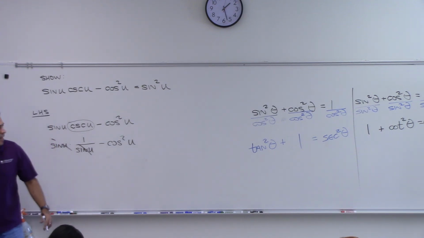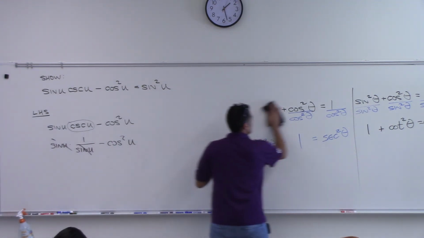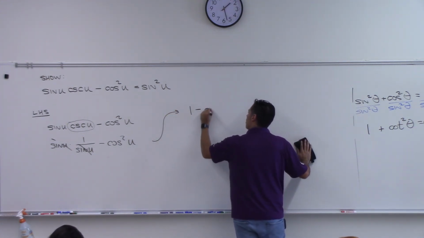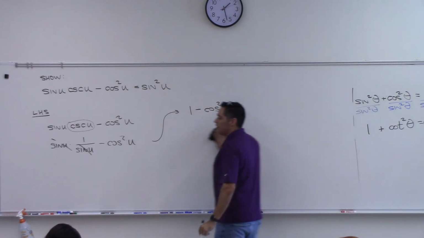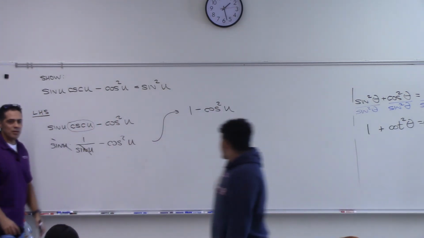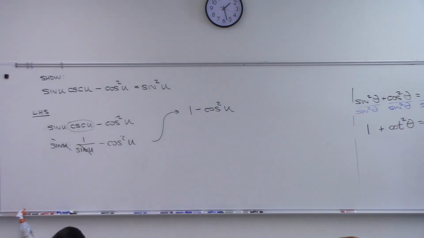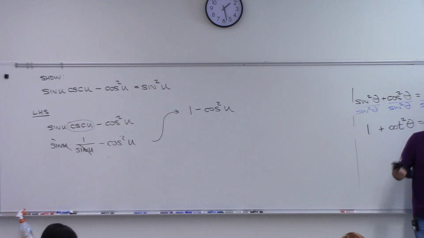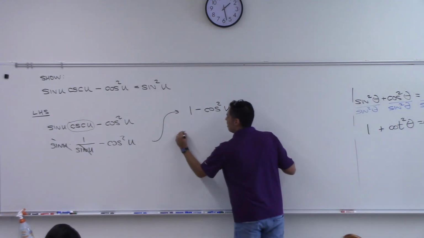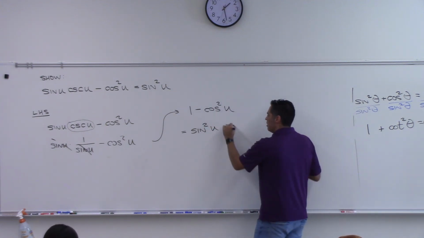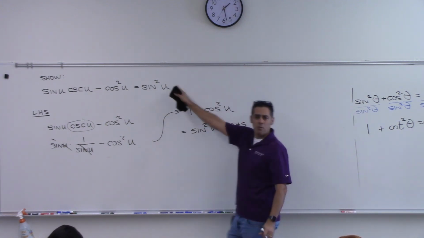So now I have 1 minus cosine squared u. And that is what? Sine squared u by the Pythagorean identity, right? Just take this, solve for sine squared. So subtract cosine squared on both sides, and that's the definition, right? So this becomes sine squared u by the Pythagorean. And this is the right-hand side, and therefore we are done.